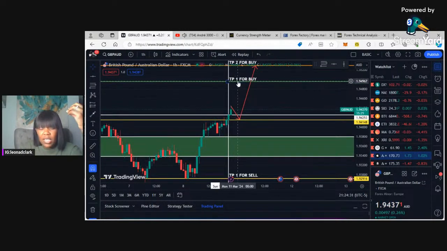So if it hits take profit 1 and everything is showing you sell eventually, at some point you're either going to take it at the top, or you're going to take it once price clears these areas this day, and it's going to have to clear this zone here from the field. Okay?